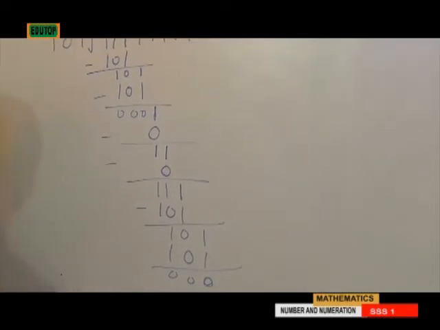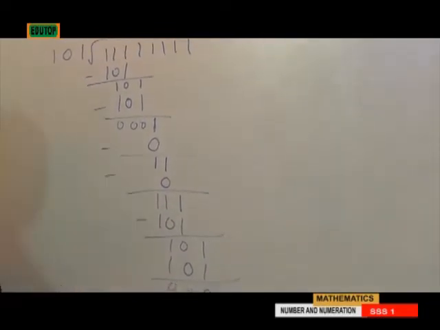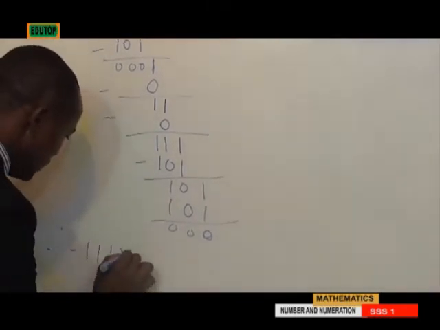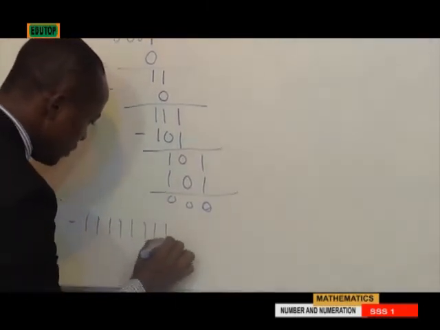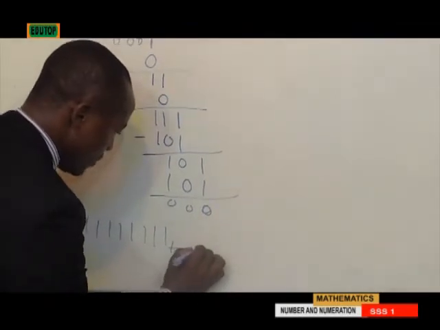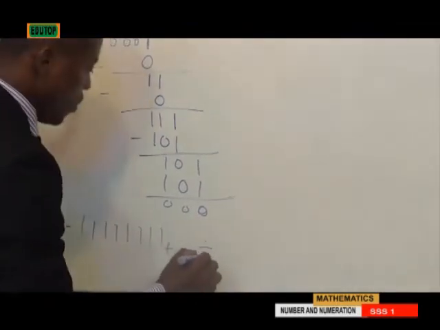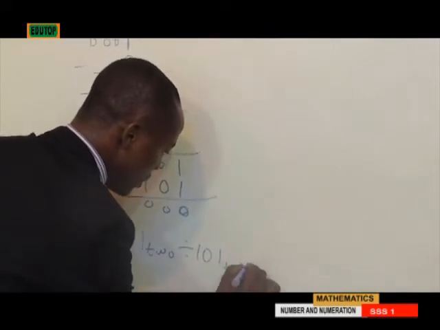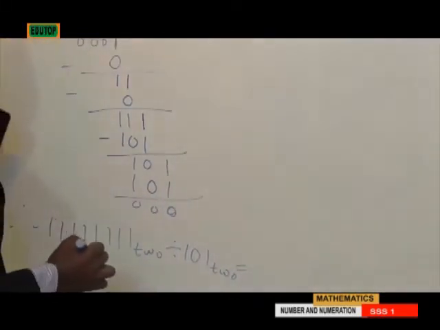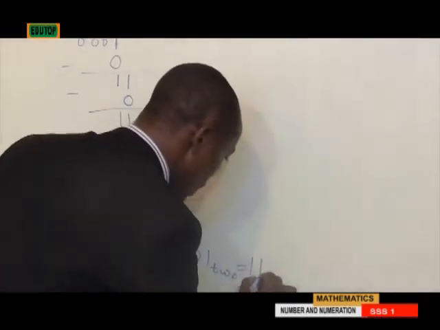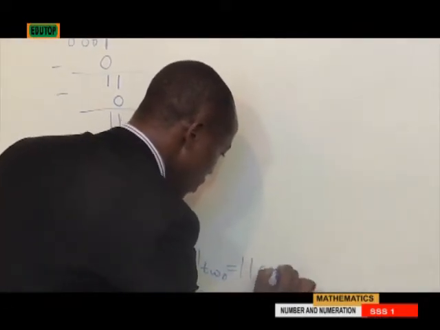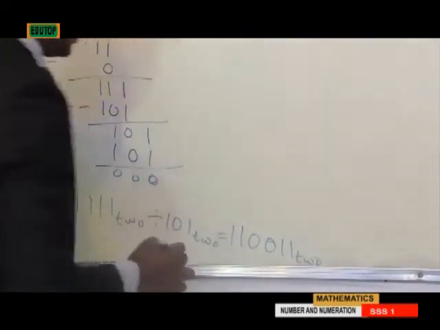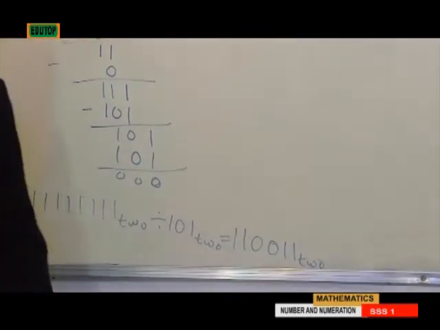Therefore, we can easily say that 11111111 base 2 divided by 101 base 2 is equal to 110011 base 2, which is our final answer.